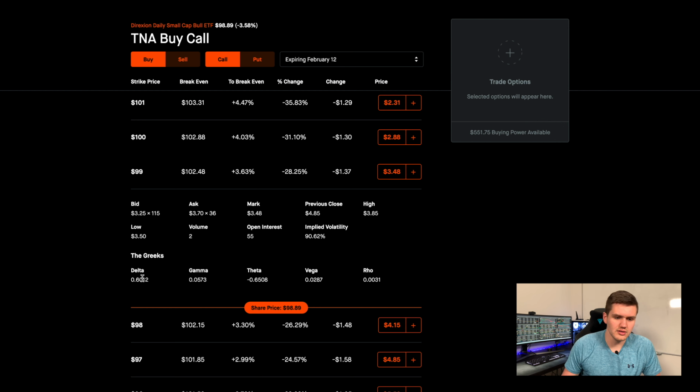So if the TNA rises to $99.89, we should see a 60-cent increase per underlying share of the option. We should see this go to about $3.98. So overall, our option value will go from $348 to about $398, theoretically, if all things stay consistent.